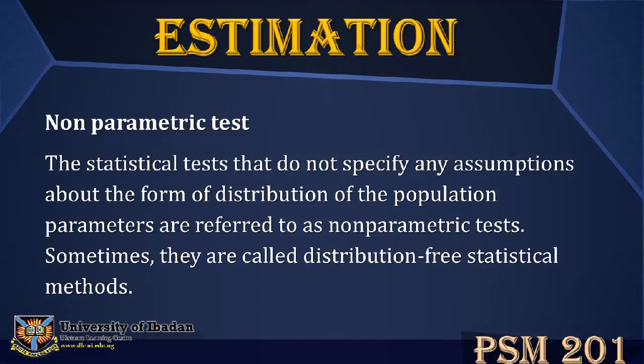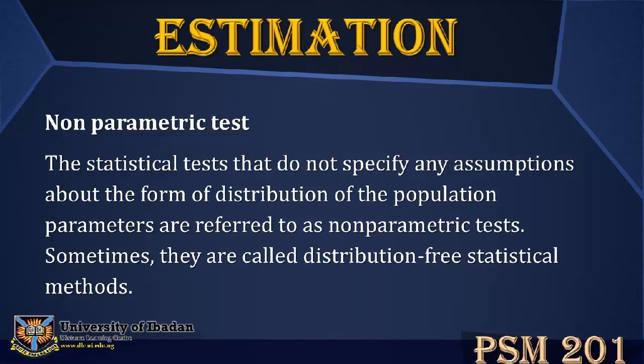Non-parametric tests. The statistical tests that do not specify any assumption about the forms of distribution of the population parameters are referred to as non-parametric tests. Sometimes they are called distribution-free statistical methods. In cases where data satisfy the parametric assumptions, non-parametric tests are weaker than parametric tests.